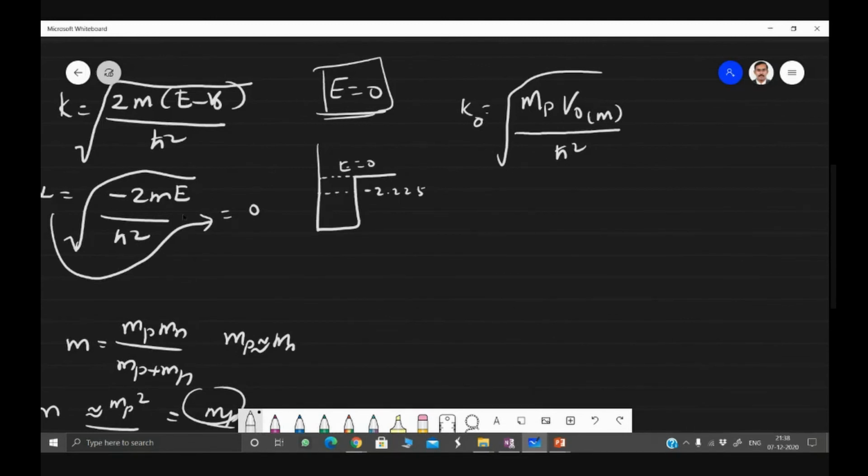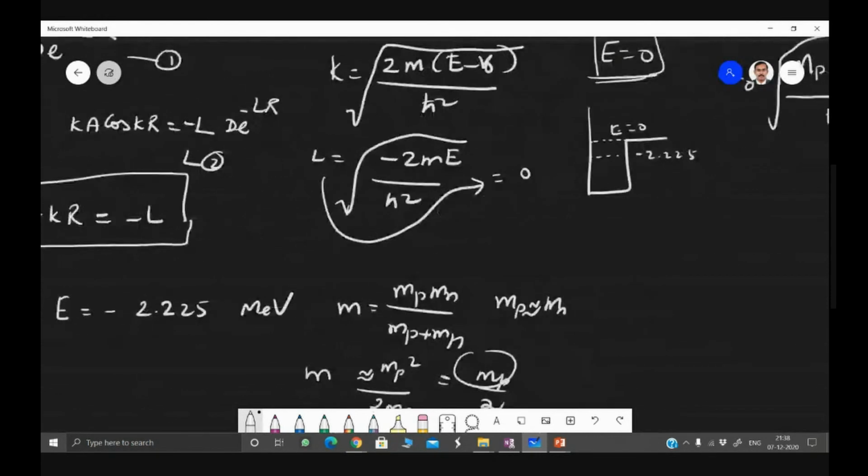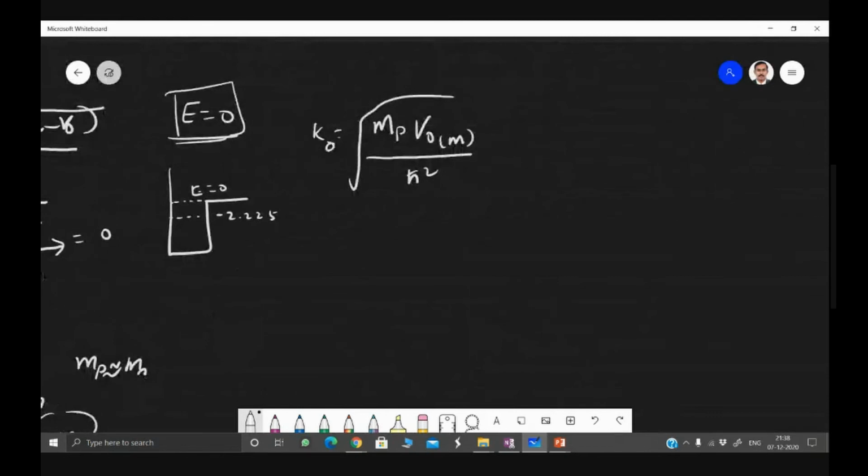Okay, just bound system. So we have ħ square. So this expression K cot KR is equal to minus L, and this is 0.